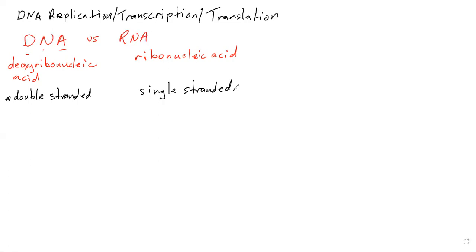The sugar in DNA is deoxyribose and the sugar in RNA is ribose. Anything else? DNA has thymine and RNA has uracil.